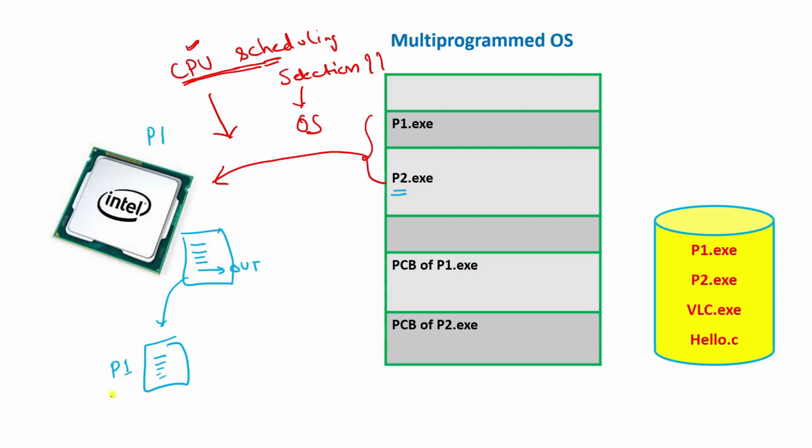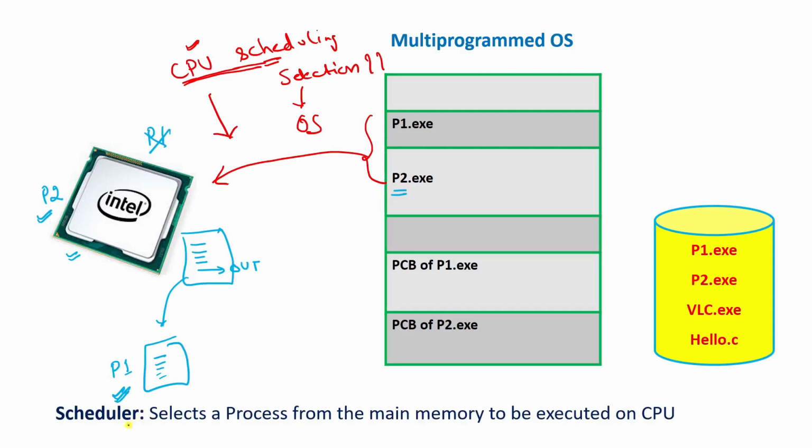So when P1 is not on the CPU, P2 can come on the CPU. So we are using the CPU also, and we are using the IO device also. Okay, so CPU is not idle. Now I have already discussed in the previous video what is scheduler.